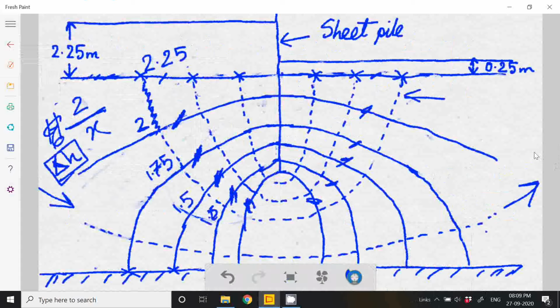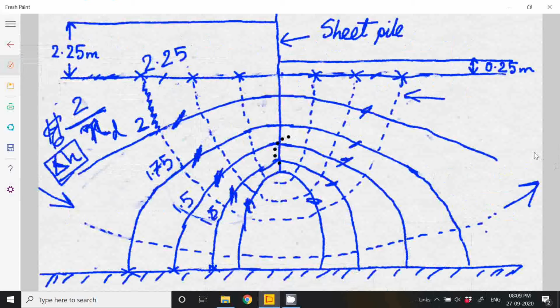Generally the number of drops is not taken as x, it is taken as nd. Number of drops is taken as nd. So 2 divided by nd will give us the head difference occurring in each drop.